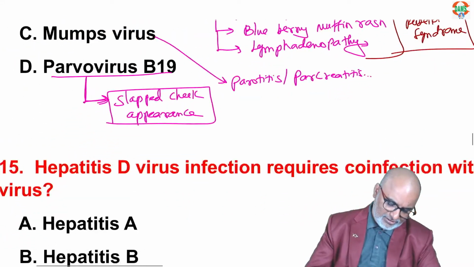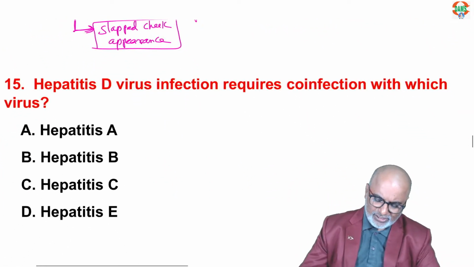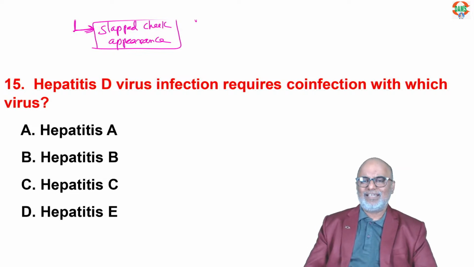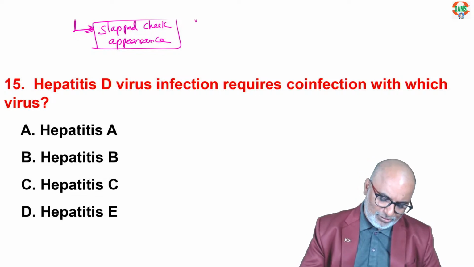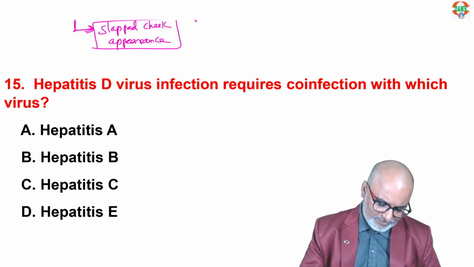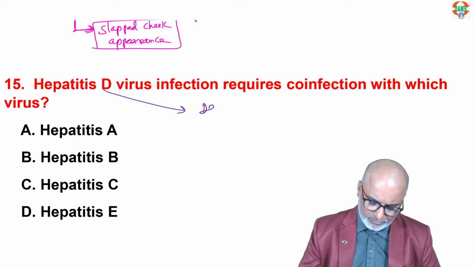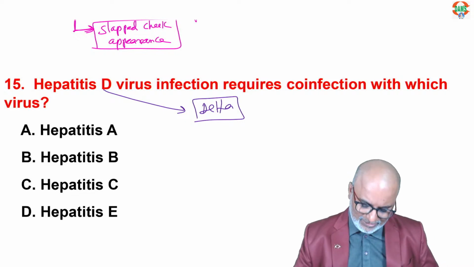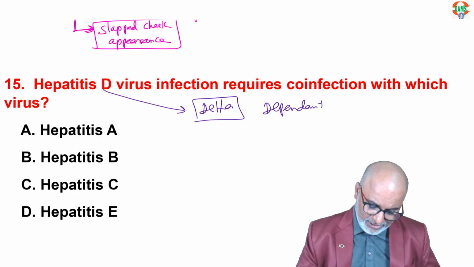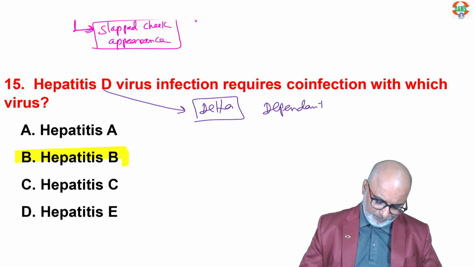Next: hepatitis D virus infection occurs in co-infection with which virus? Hepatitis D virus is a dependent virus. It belongs to Deltaviridae, and I used to tell you, remember D for D, dependent virus. It is dependent on hepatitis B virus.